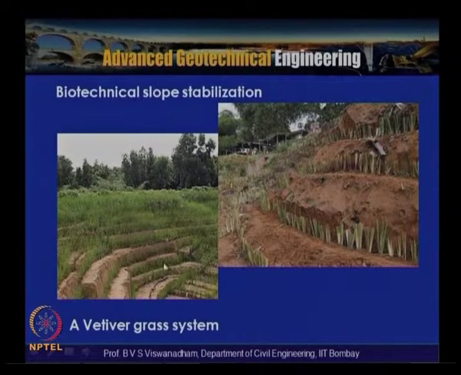After a certain time it can be seen that the growth of this grass turns this entire area green, and this is one of the promising areas for slope stabilization, where a lot of work is also happening.